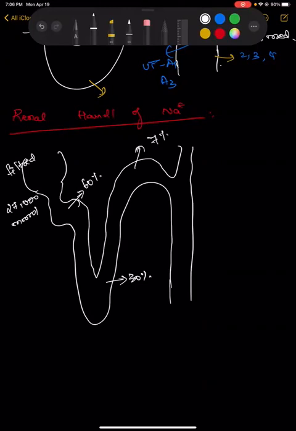About 7% gets absorbed in the DCT and 3% gets reabsorbed in the late part of the DCT and collecting duct cumulatively.